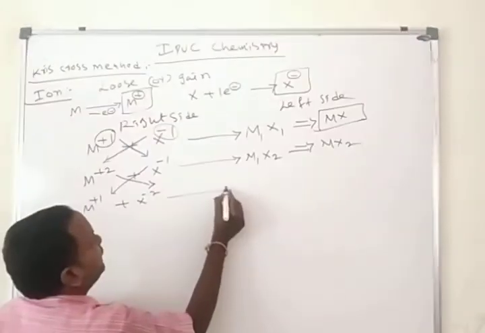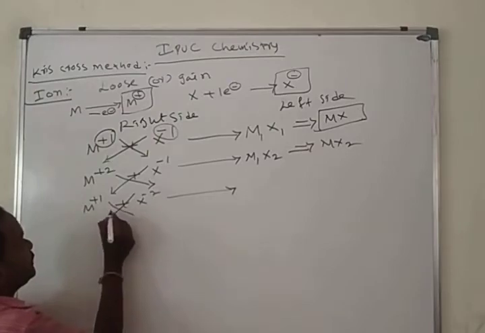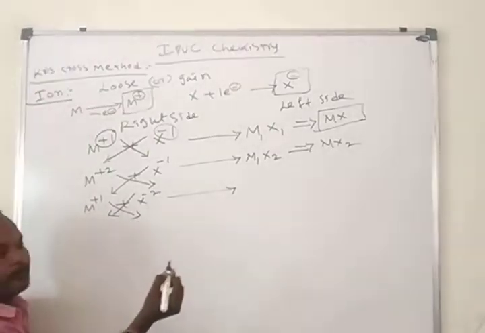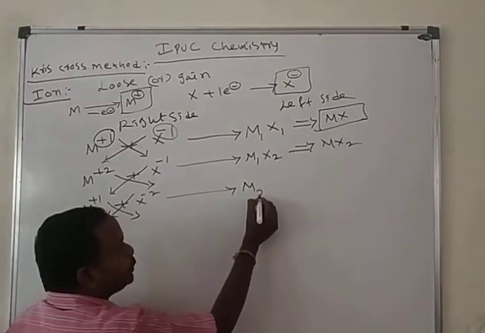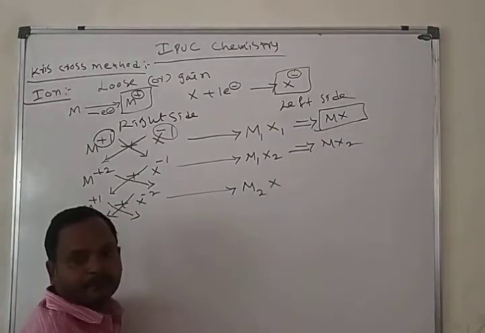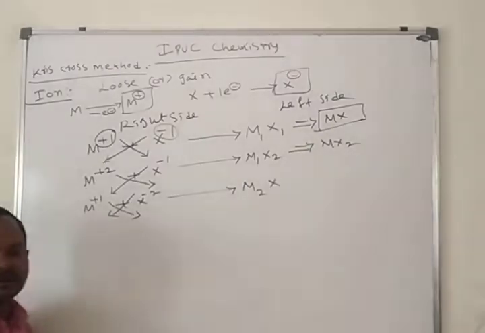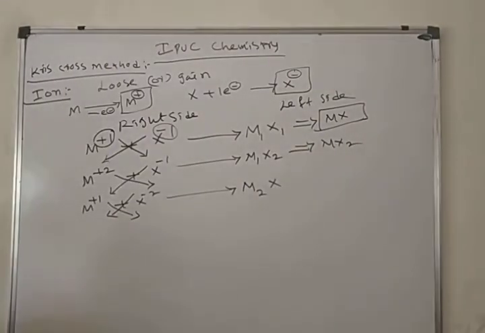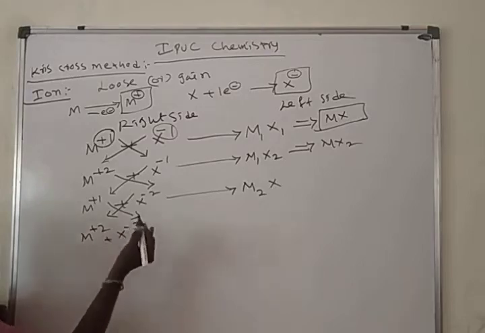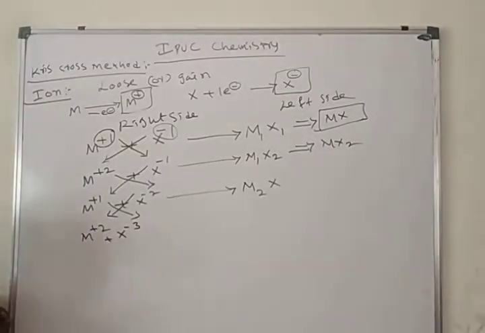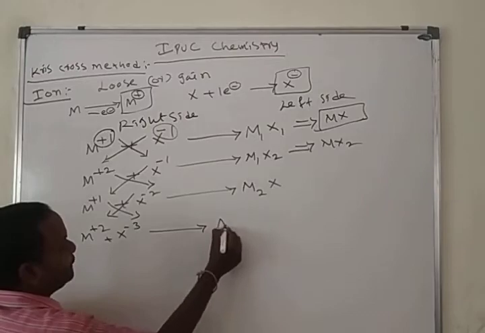How will you write this one? Use the cross method. M, here 2 is there, and here X, 1. You need not write that 1. M2X. Suppose for example M plus 2 is there and X minus 3 is there. Then use the cross method.